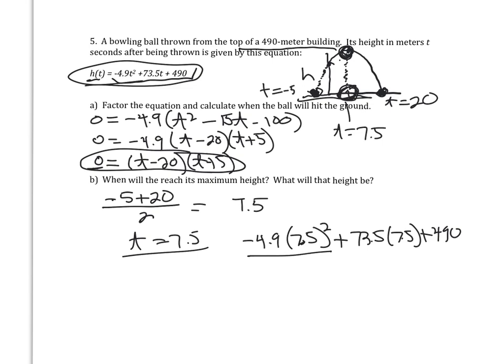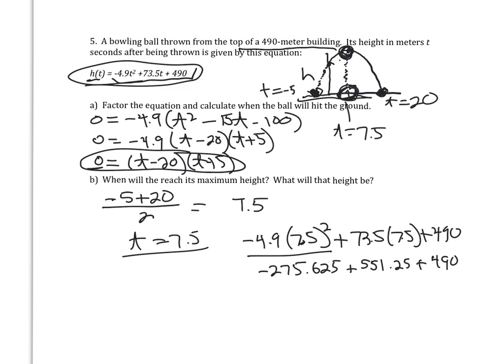So here we'll get negative 275.625. Here we will get positive 551.25, and here we will get just the unchanged 490.